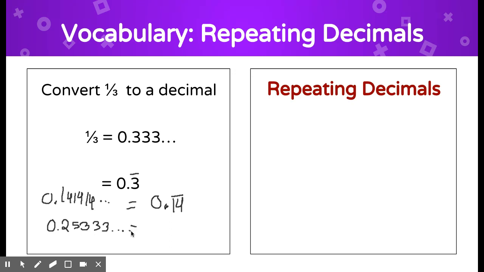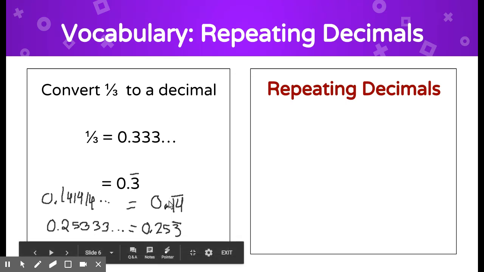Then you would have to write the first few numbers, 0.253. And now we draw a line over the repeating numbers. So what number repeats here? That's right, 3. So we would only write the line above the 3. So as you can see, this line is used to represent repeating numbers, and we always write them just above the actual number that repeats.